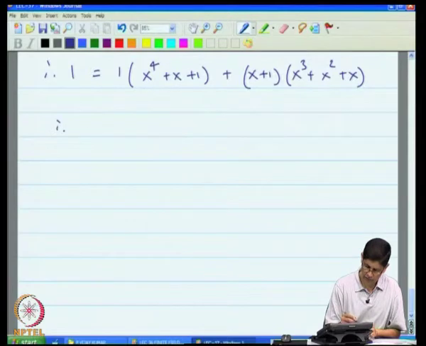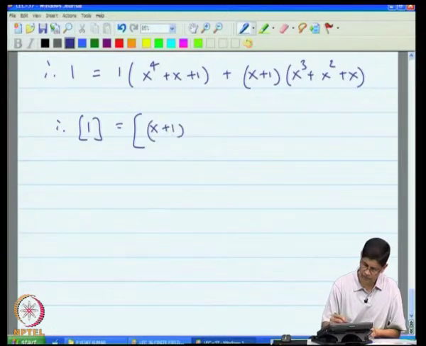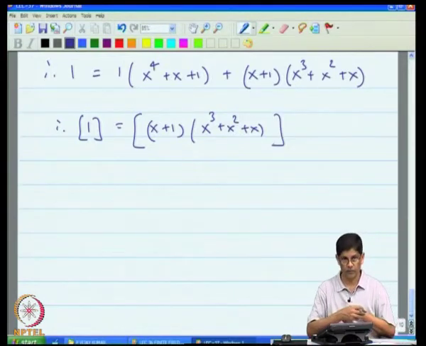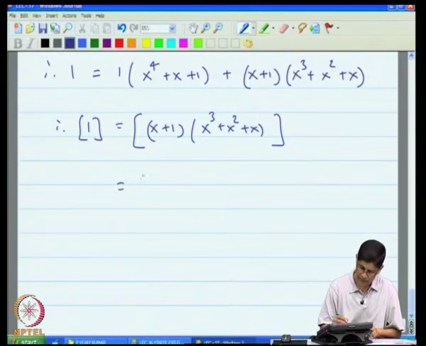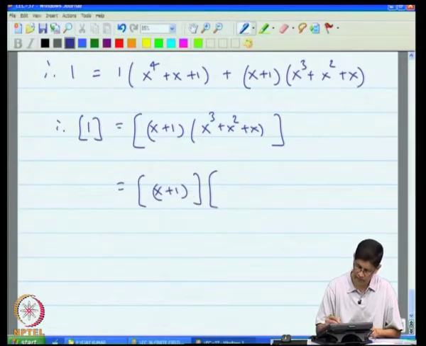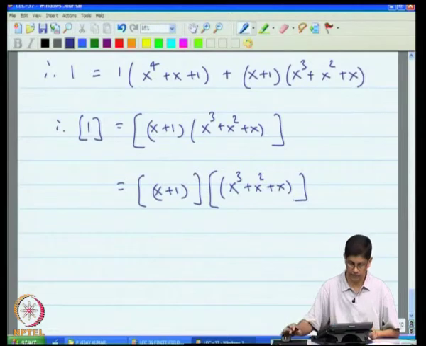So therefore, this is telling us that the equivalence class of 1 is equal to the equivalence class of x plus 1 times x cubed plus x squared plus x, which is telling us that the equivalence class of x plus 1 times the equivalence class of x cubed plus x squared plus x is equal to 1.